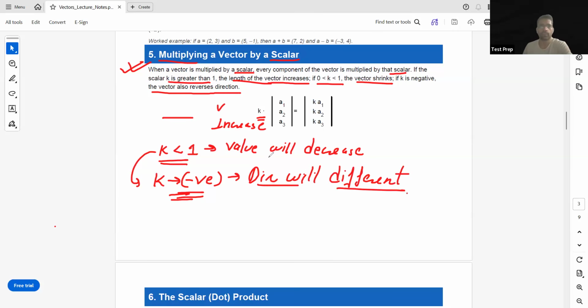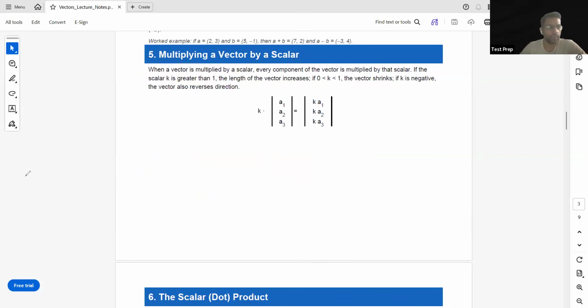Direction will be different. In case of negative, yeah, direction will be reverse. Now remember, this is a very important point: if we are multiplying any vector by k, if k is greater than 1, then the vector's value increases.